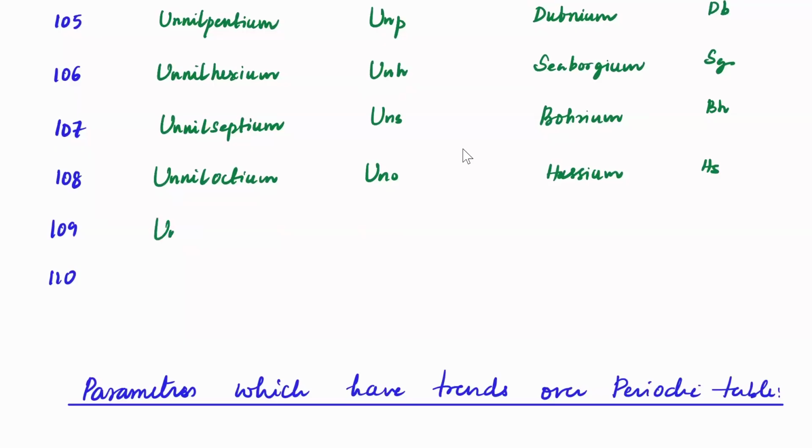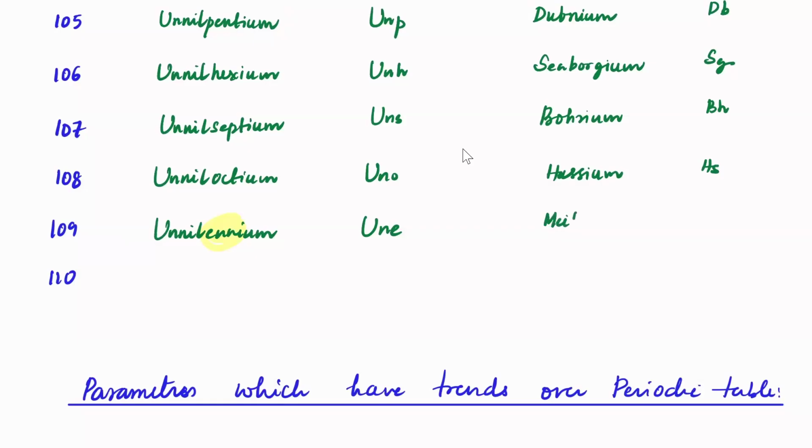And 109 was Unnilennium. Very important here, this is what usually confuses us. This is Unnilennium, which is UNE.